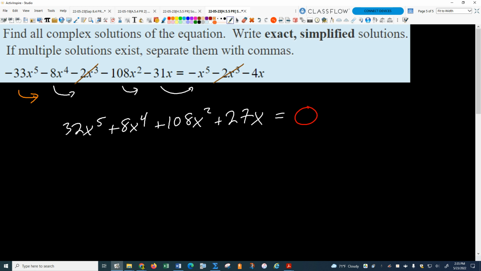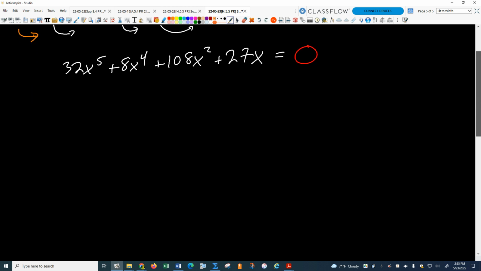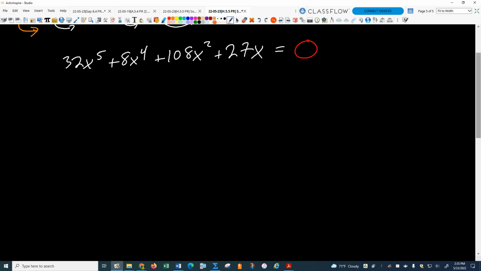Okay, so we got an ugly looking polynomial equation. What do we always try to do first? GCF, good. Okay, so what is our GCF here? I can take out what number? I guess no numbers, huh? Just an x.